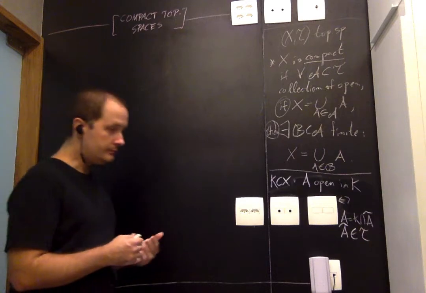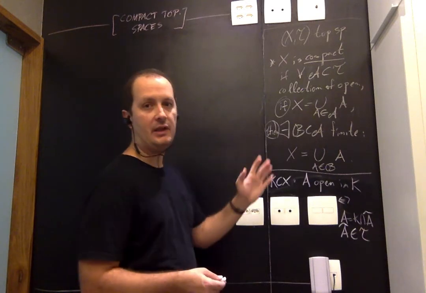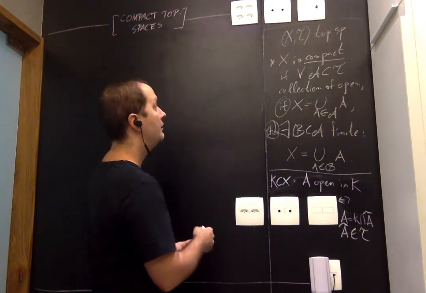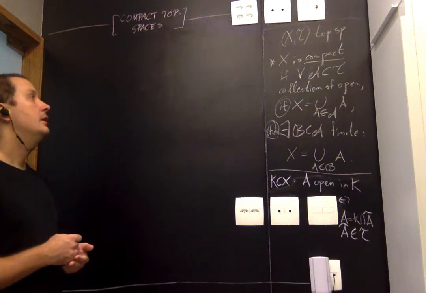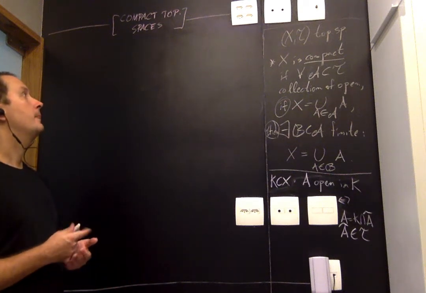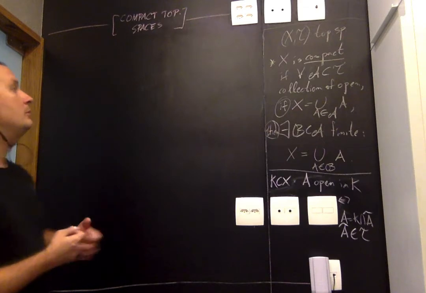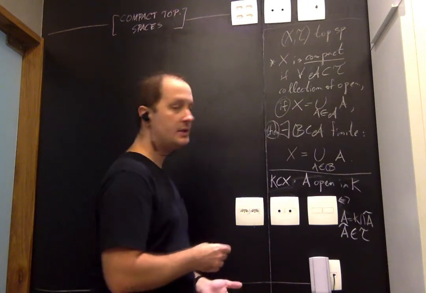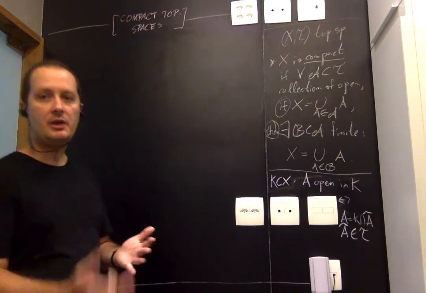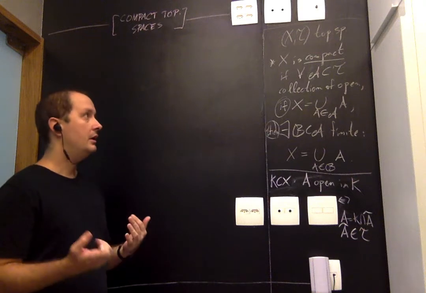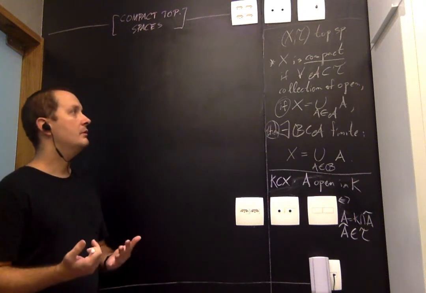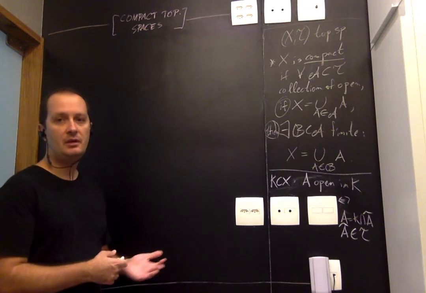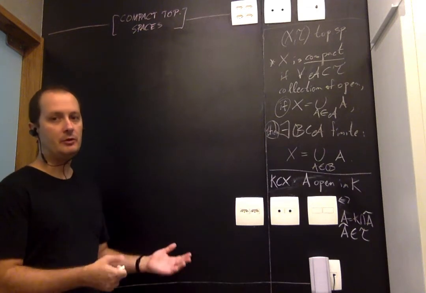But before we get to that, we need to prove a few preliminary results about this definition. Let me start with one of them, which is just a restatement of this. Usually when we talk about definitions involving topology or general topology, we have one version of the definition about open sets and another one about closed sets.